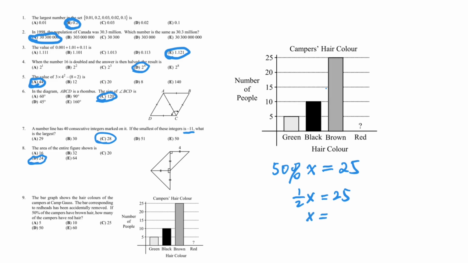So total X is 50. So total 50 people minus green 5 minus black 10 minus brown 25, that's 10. So the red color should be 10. Therefore, the answer is B.